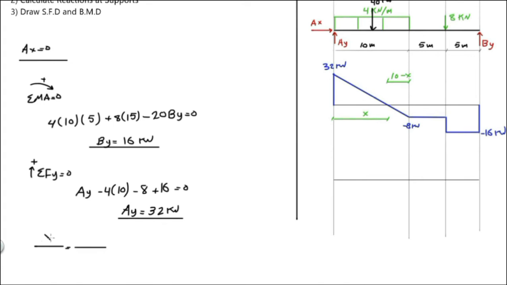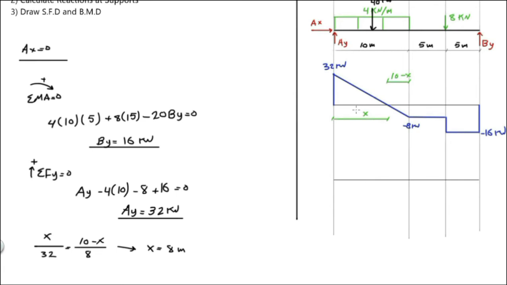So we have x over 32 equals to 10 minus x over 8, which will give us x equals to 8 meter.